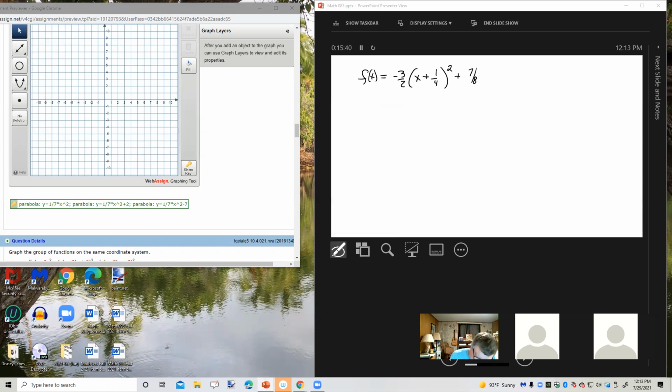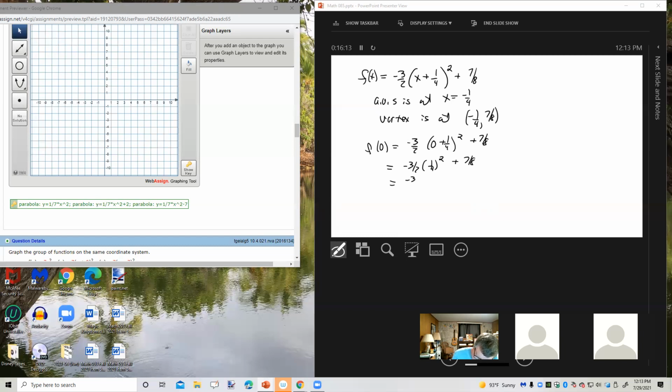Okay, so the axis of symmetry is at x equals negative 1/4. The vertex is at negative 1/4, comma 7/8. That's going to be tough to graph, isn't it? And let's find f of 0. F of 0 is going to be negative 3/2 times 0 plus 1/4 squared plus 7/8, which is negative 3/2 times what? 0 plus 1/4 is 1/4 squared plus 7/8, which is negative 3/2 times 1/16 plus 7/8.